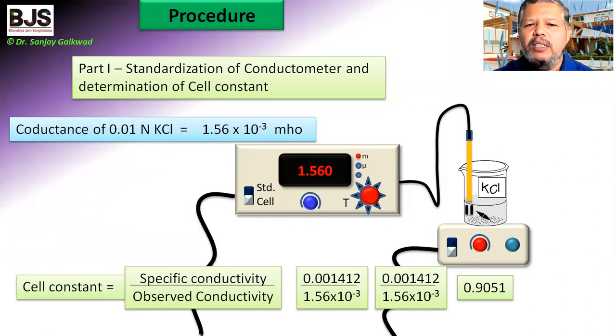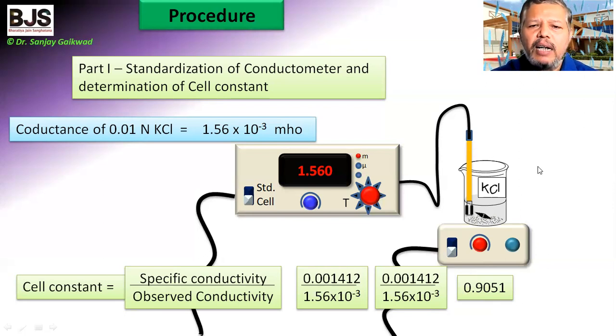At a fixed temperature, the specific conductivity has a fixed value, and therefore at 25 degrees Celsius, we take the value 0.001412 divided by the observed conductance for the KCl solution. After this calculation, we observe that the cell constant for this cell is 0.9051. Mostly the cell constant is written on the conductivity cell. Okay.